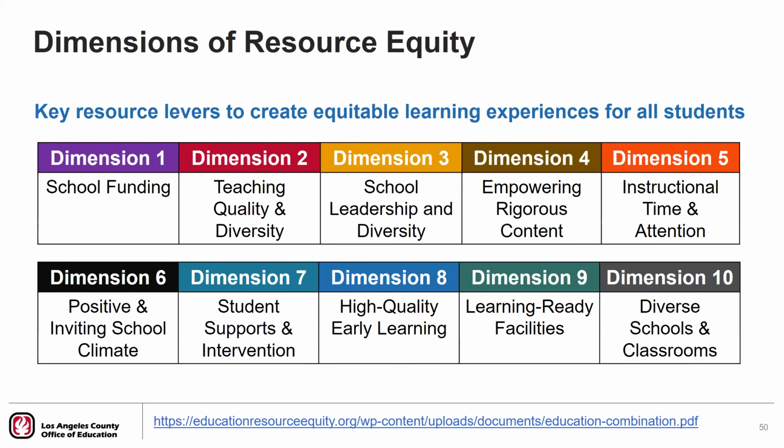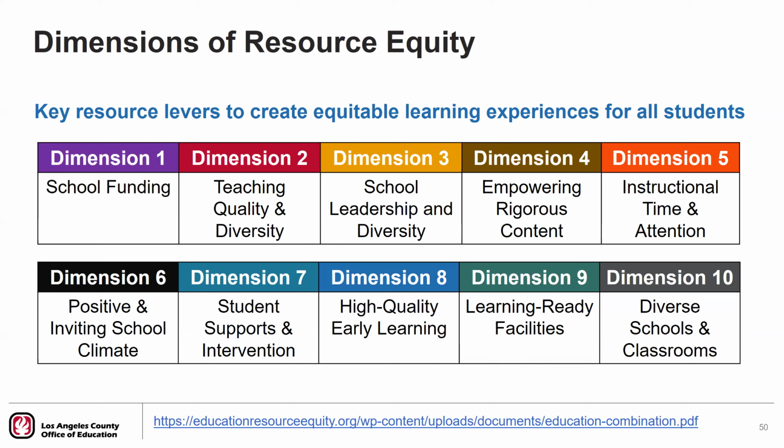So from the previous slide, here's the resource from the Alliance for Resource Equity for districts and schools seeking to review potential resource inequities. For those of you who are here today, I'm very confident that you're already familiar with many of these concepts. What we're focusing on now is how to apply these dimensions to identify and address resource inequities effectively.